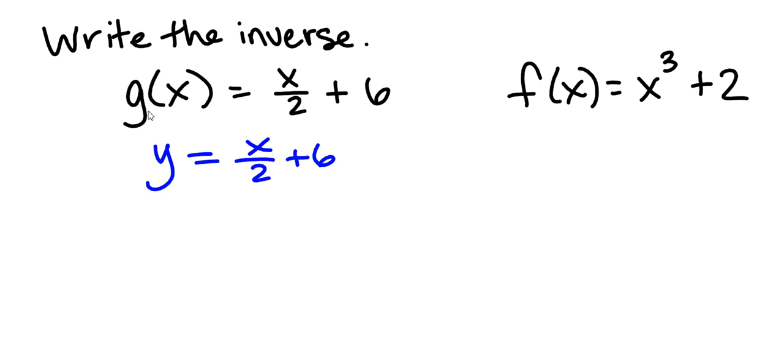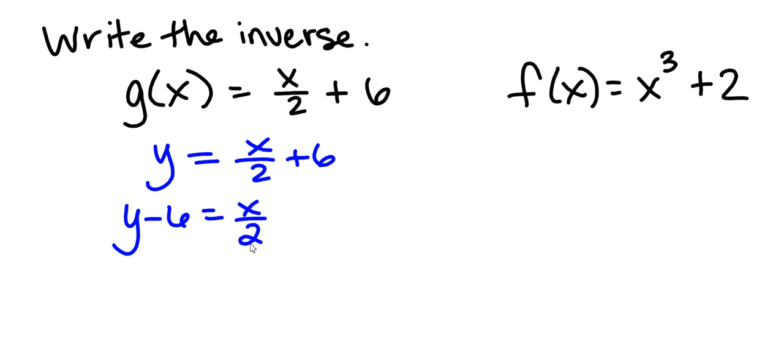And then I'm going to subtract my 6. I'm trying to get x by itself. So on this one, I'll subtract 6. Some of you are more comfortable getting rid of that fraction first. On this example, you could also multiply everything by 2. That's totally fine.